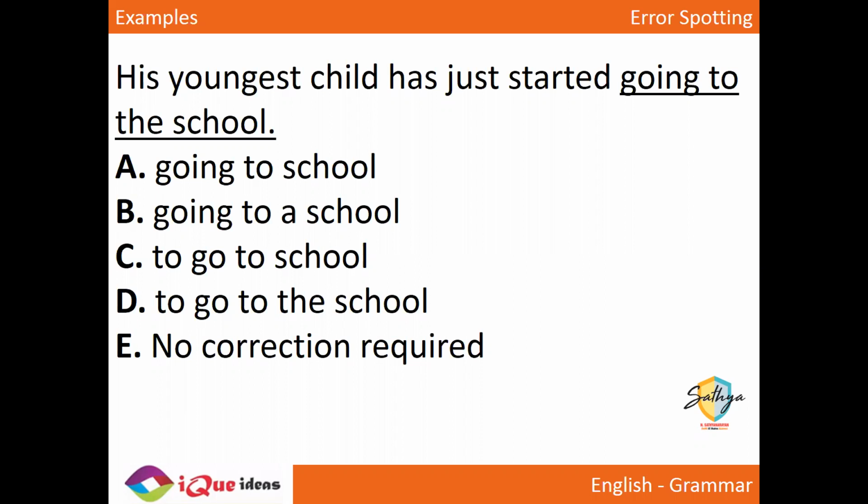Okay. So again, just like we don't go to the bed, we go to bed means to sleep. So started going to the school nahi. We started studying. It literally means कि उसने पढ़ाई चालू की है. So we don't say going to the school, we say going to school. So his youngest child has just started going to school.